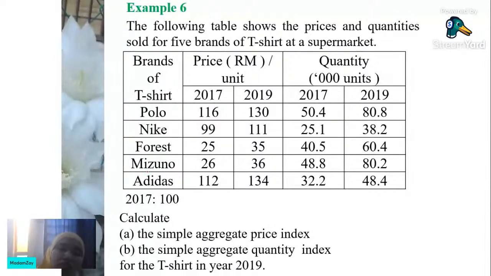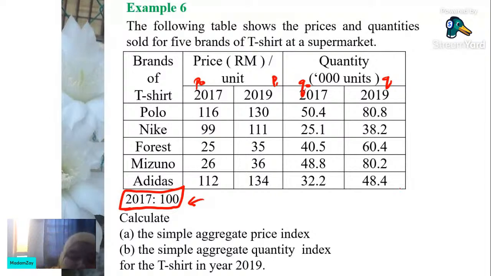Now we take 2017 as base. So this is P0, this is P1, and for quantity, it's Q0 in 2017 and Q1 in 2019, because 2017 is the base.